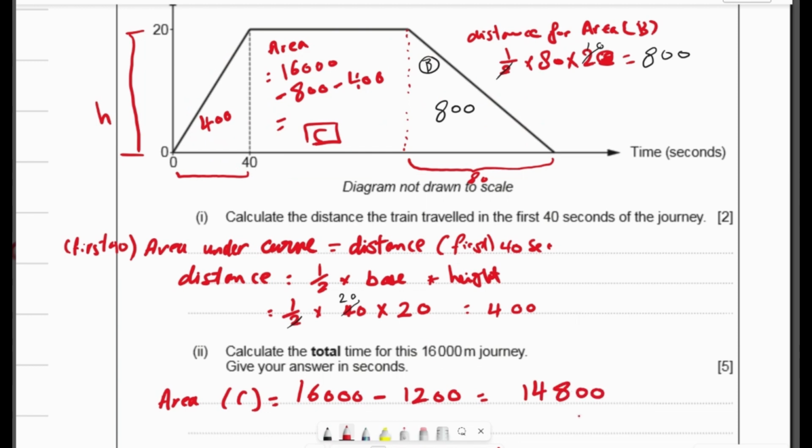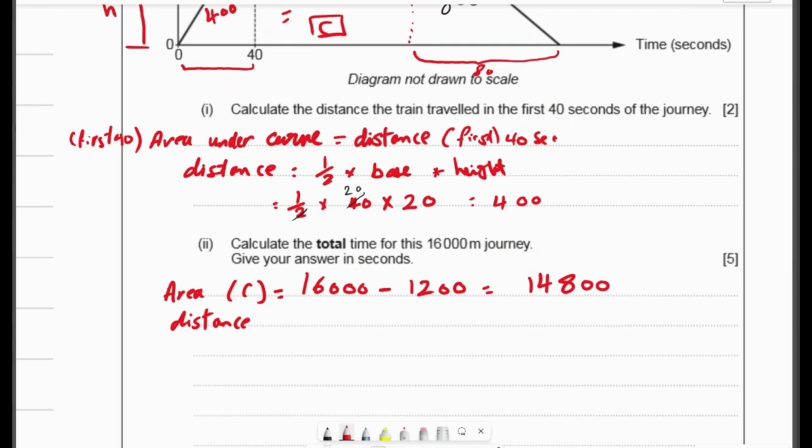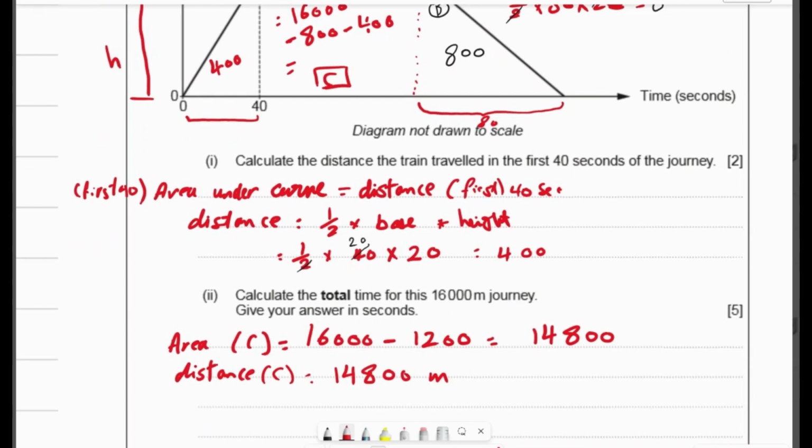So that means this is the area for part C, and this is the same as the distance of part C as well, isn't it? Distance of part C equals 14,800 meters. Good, good.